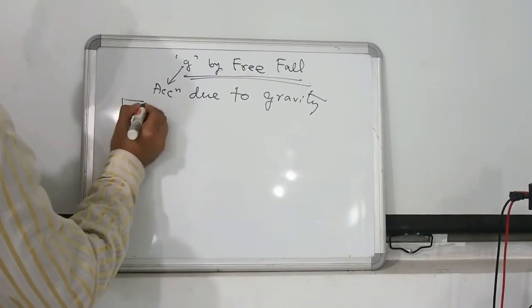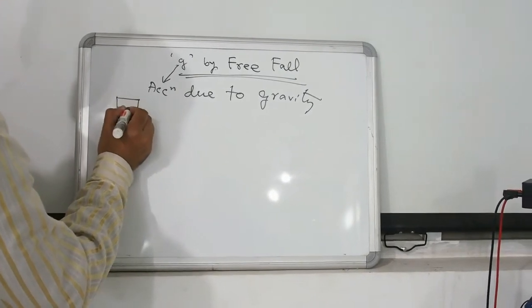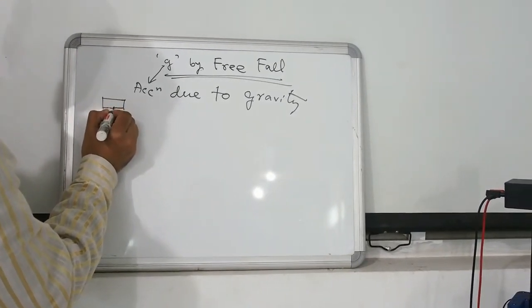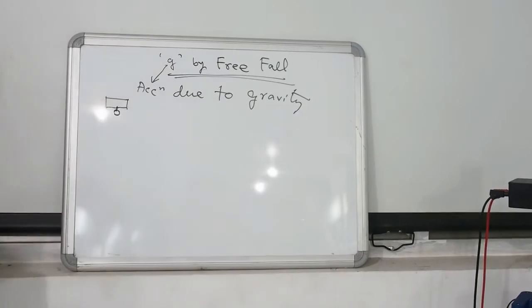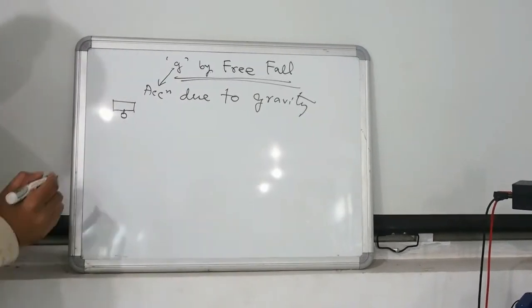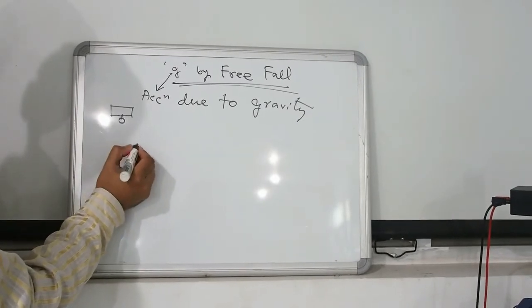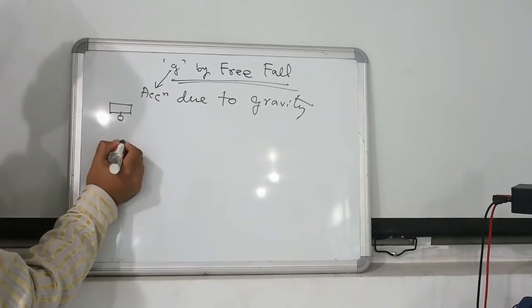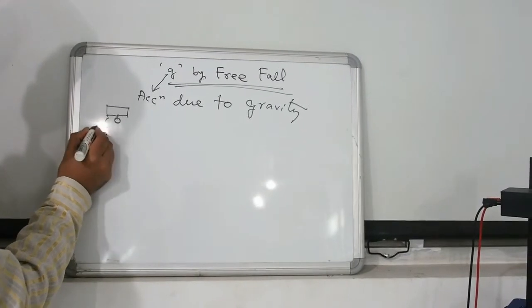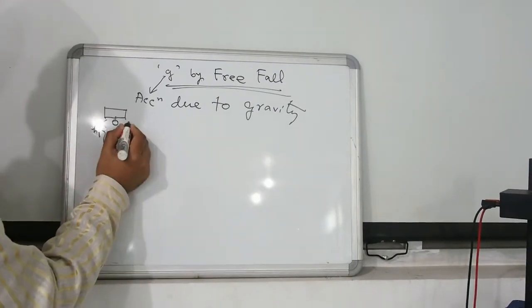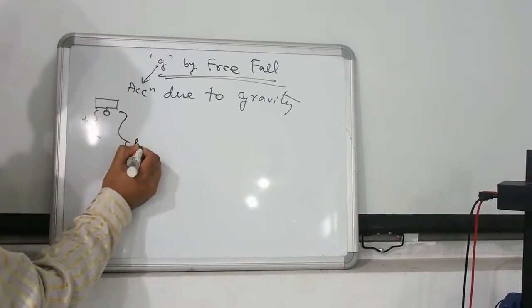we will have one solenoid, and from this solenoid one ball will be suspended. We will have two photogates at distances h1 and h2.